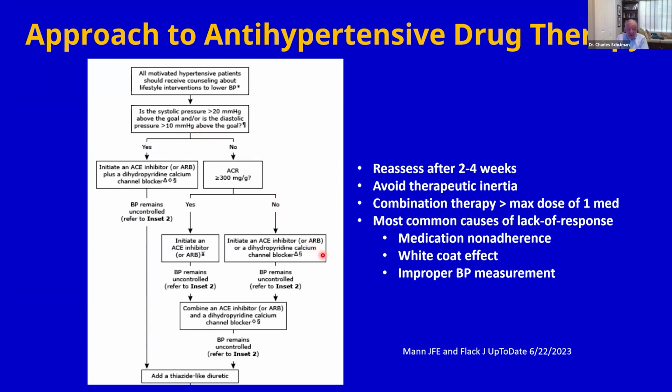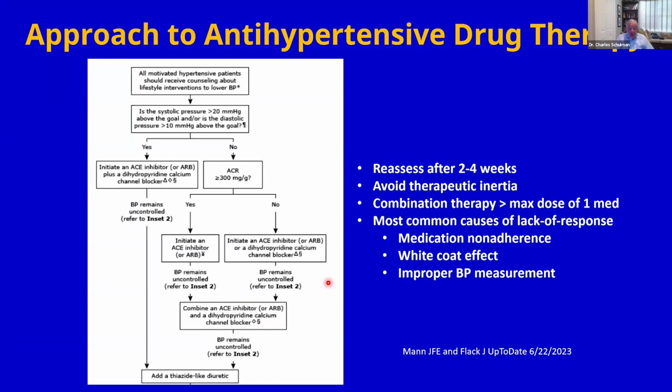If not, either an ACE or a CCB would be your starting drugs. If the patient is spilling protein, initiate an ACE or an ARB. If the blood pressure remains uncontrolled, combine. If it remains still uncontrolled, add a thiazide diuretic.